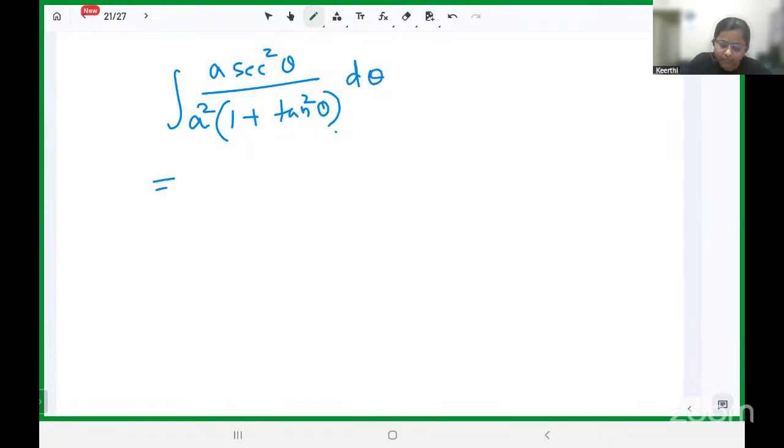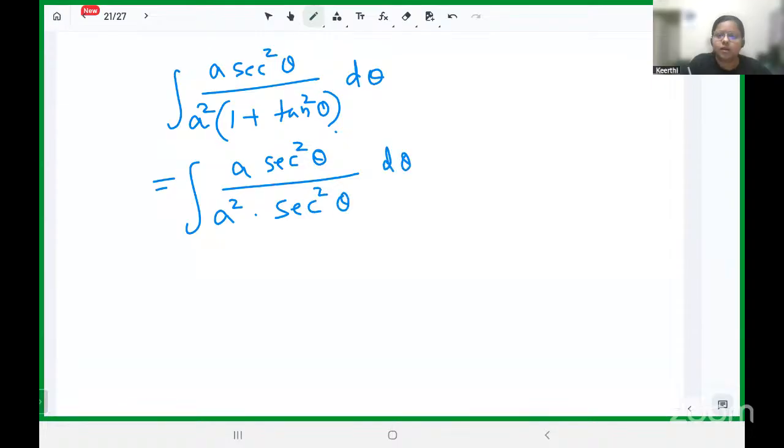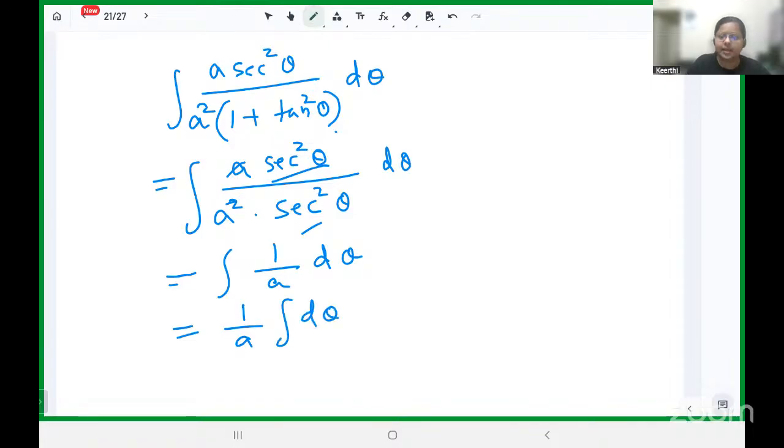So this will become the integral of a sec square theta divided by a square into sec square theta, d theta. The a and a square cancel to leave 1 by a, and sec square theta and sec square theta get cancelled. So what is remaining there? The integral of 1 by a d theta. 1 by a is a constant and can be taken outside. So 1 by a integral d theta.